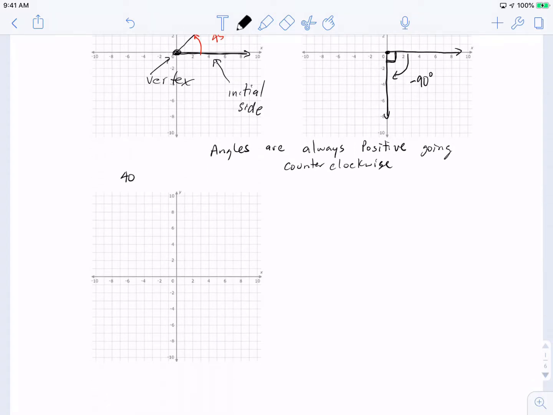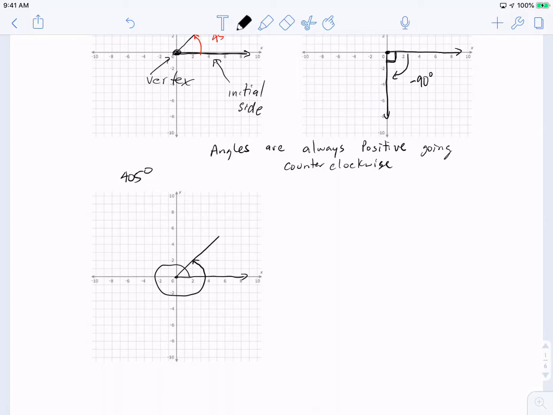If I had 405 degrees, we have our vertex with our initial side, and then what's going to end up happening is we're going to go a full 360, and then we need to go, let me erase that, sorry. We're going to go a full 360 and then an extra 45.